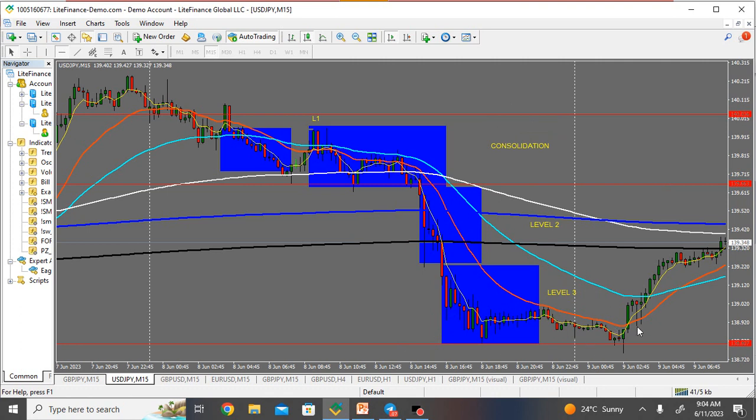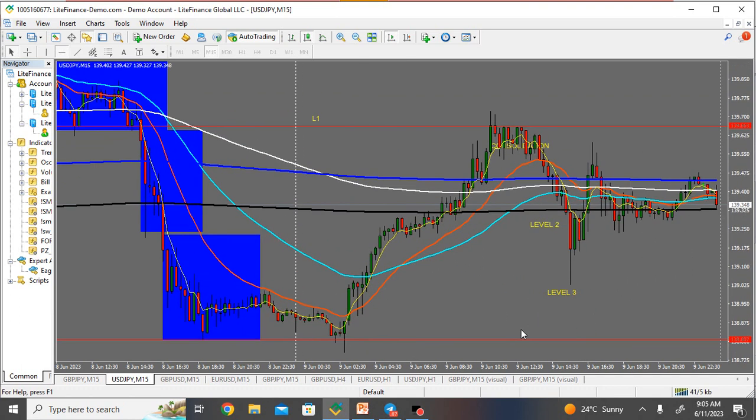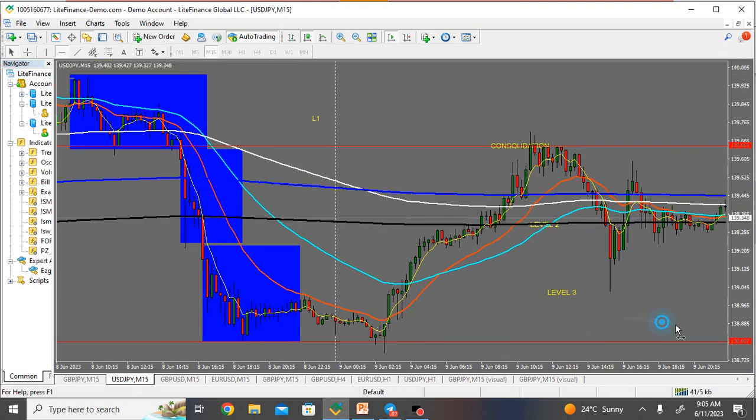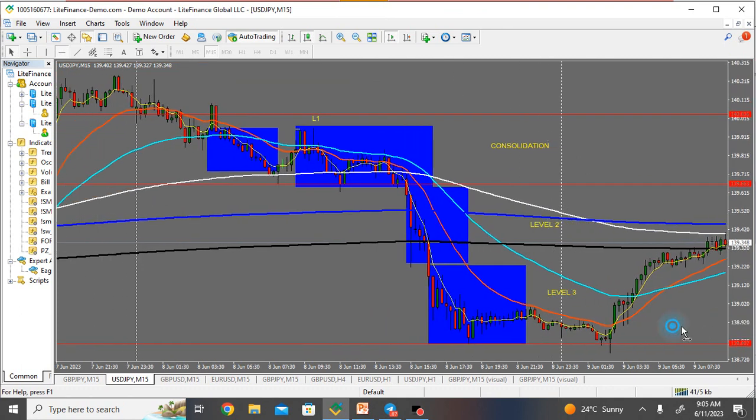So you should trade wisely. You can see this was the last push, then the pair made another movement. So this is how you can make an analysis of 3 levels.